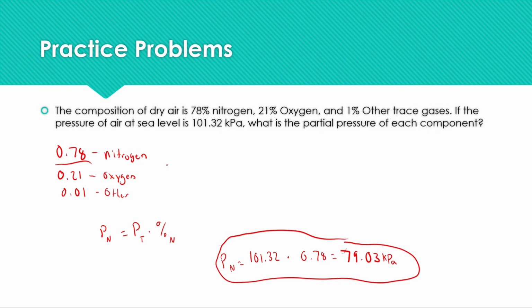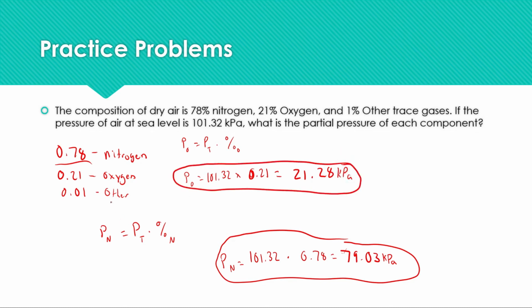Now for oxygen, we'll do pretty much the same thing, except it'll be P sub O equals P sub T times percent O. So in this case, that means that P sub O equals 101.32 times 0.21, and that is approximately equal to 21.28 kilopascals.